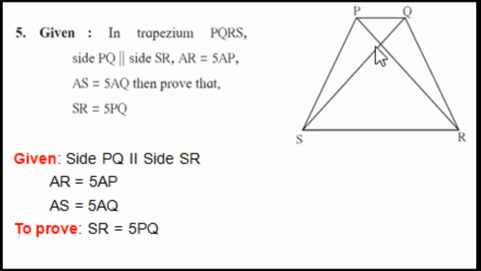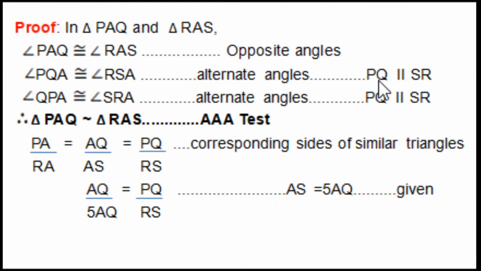As well as PQ is parallel to SR. Therefore we get two pairs of alternate angles, that is PQA and RSA, and QPA and SRA. So triangle PAQ is similar to triangle RAS by AAA test.